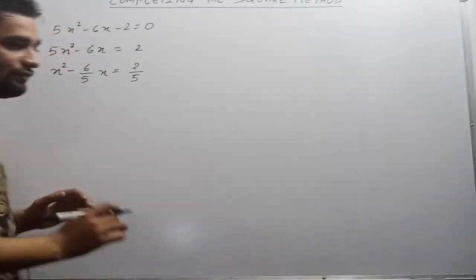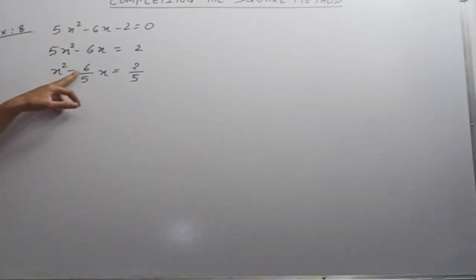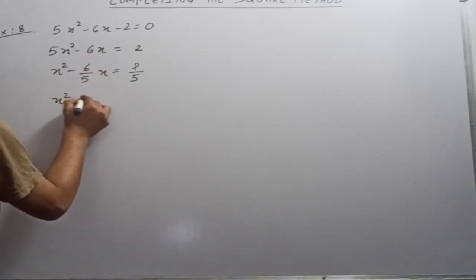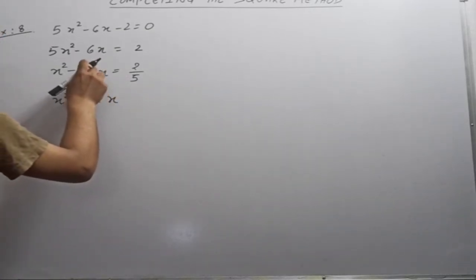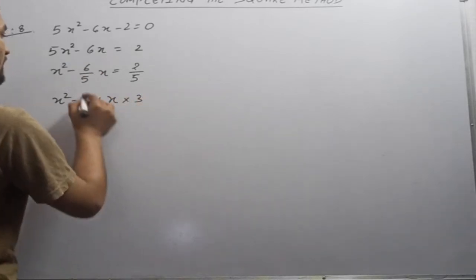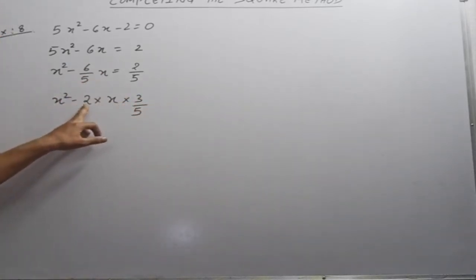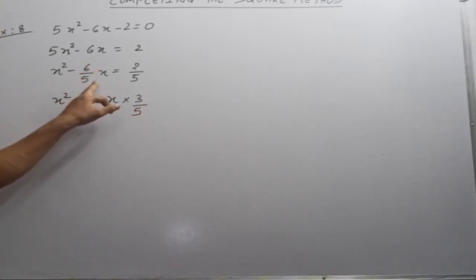Next step, we are completing the square. This is a square minus 2ab, so this should be equal to 2ab. So x square minus 2 into a into x, where 6 means 2 into 3, we need 3 upon 5. So we need 3 upon 5. Now you can see 2 3s are 6 upon 5x.